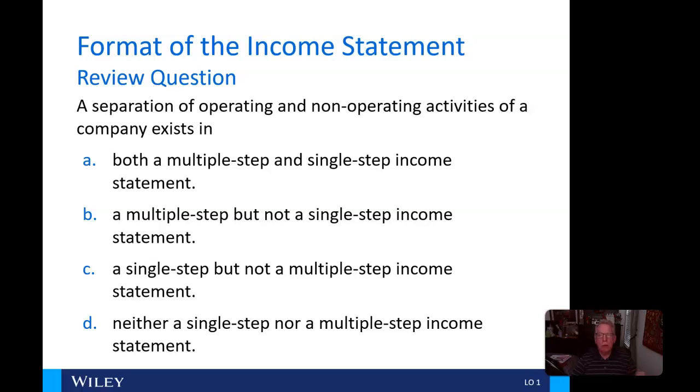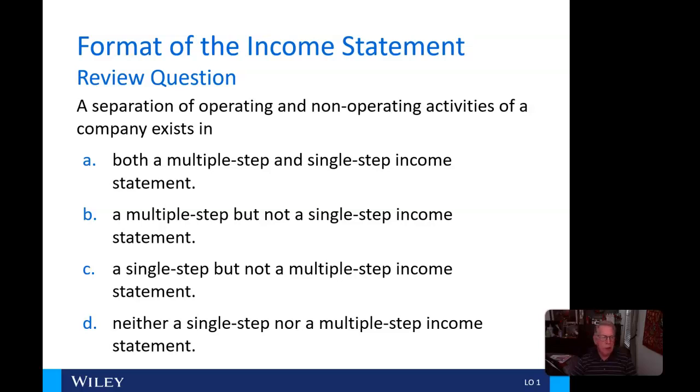Okay, so a review question. A separation of operating and non-operating activities of a company exists in A, both a multiple step and a single step income statement, B, a multiple step but not a single step income statement, C, a single step but not a multiple step income statement, and D, neither a single step nor a multiple step income statement.